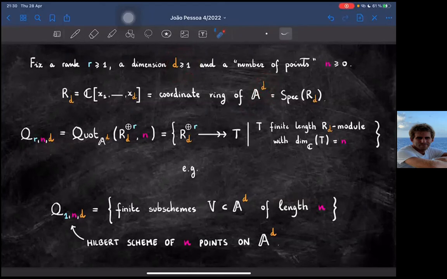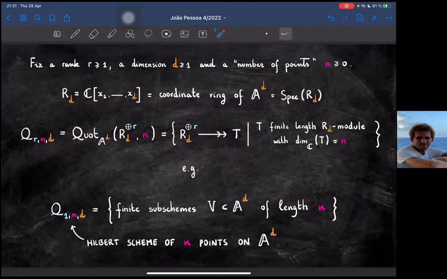And now we consider, so we do this. We take R copies of this polynomial ring, and we consider all surjections which are surjections of R^D modules, where the quotient is a finite length module supported on points.